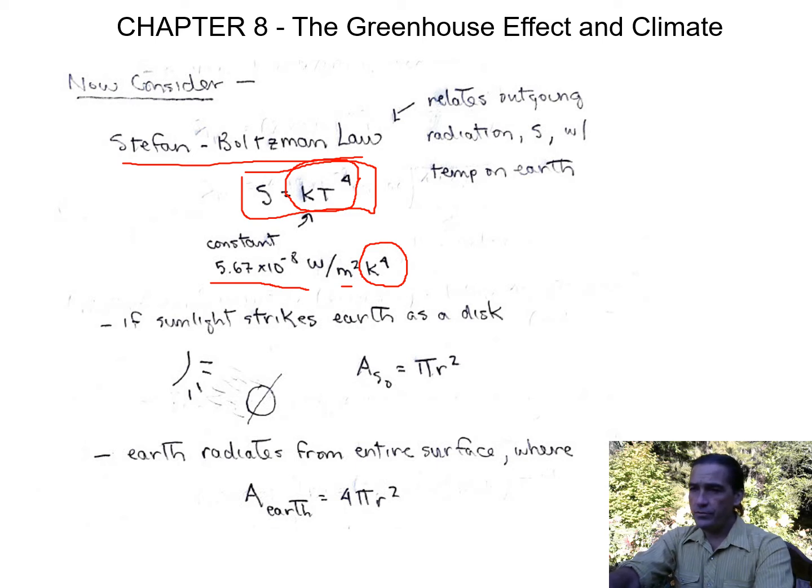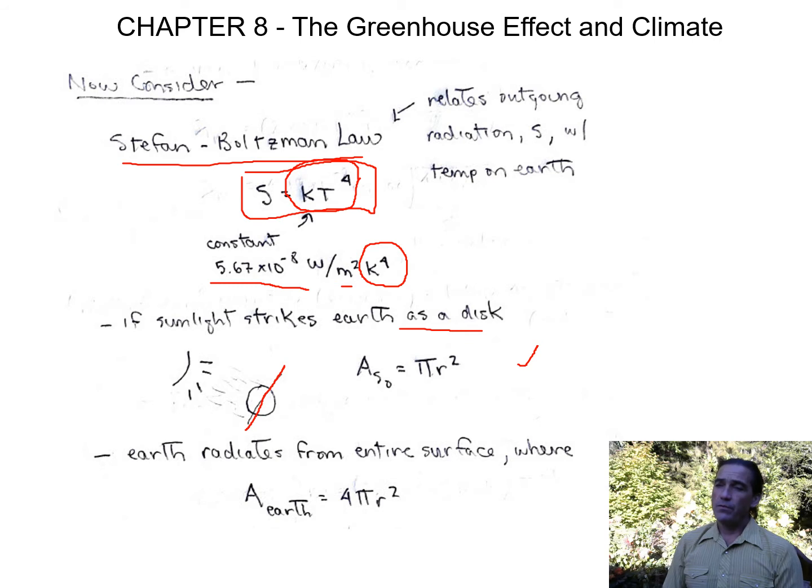And so first, we need to kind of create a model for our calculation. So first off, we're going to treat the Earth as a disk. We know it's a sphere, but what the sun actually hits is more of a disk.